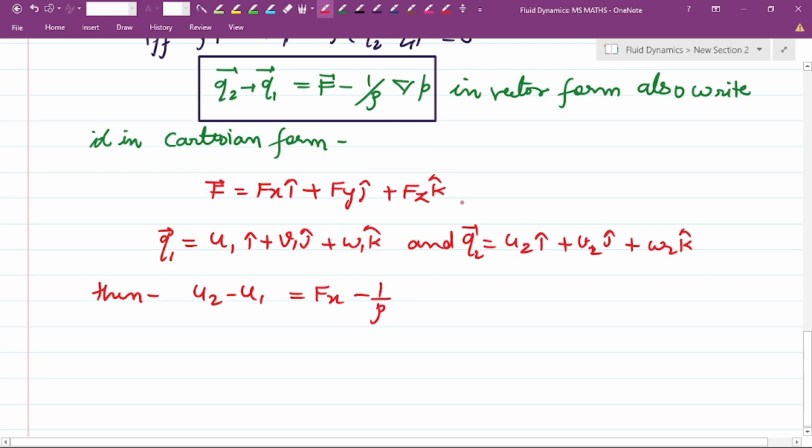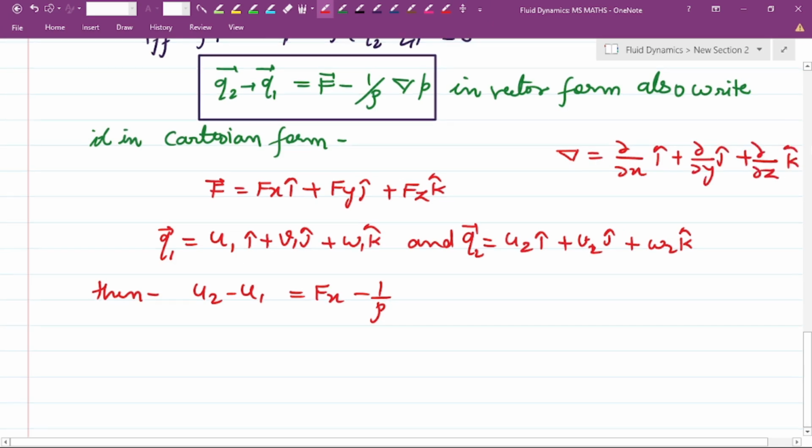This particular del is the dou by dou x i cap plus dou by dou y j cap plus dou by dou z k cap. So it is basically dou p by dou x along the x direction.